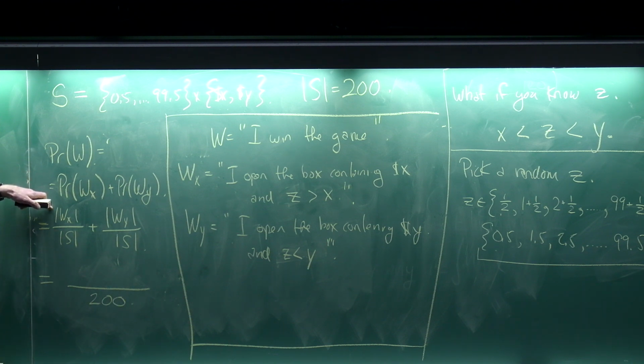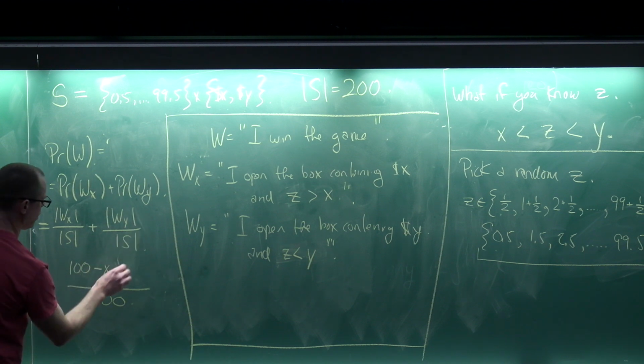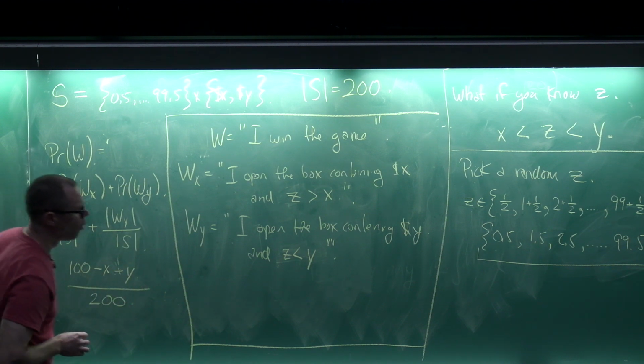The size of Wx is 100 minus x. The size of Wy is y.